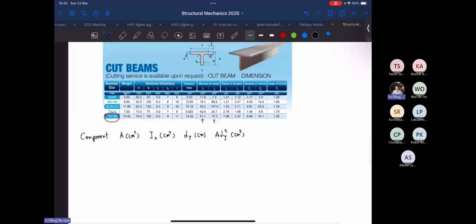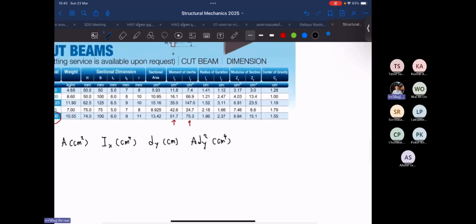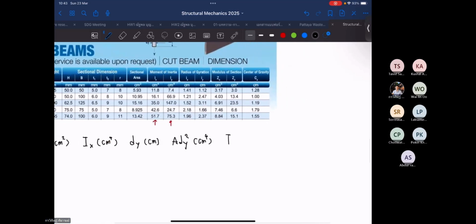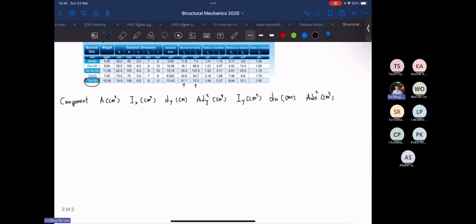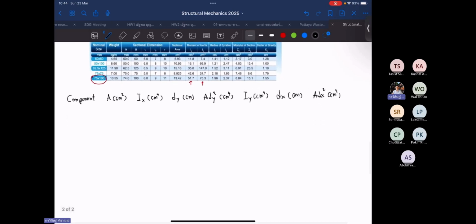Then the moment of inertia in the y direction, I1 in cm4, dx in cm and dx square in cm to the power of 4. This table I already provide to you in the exam sheet, so you do not need to draw it again.